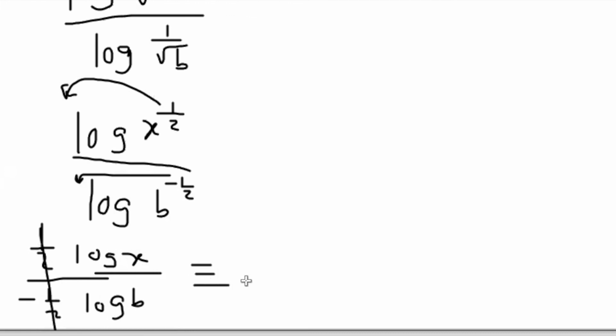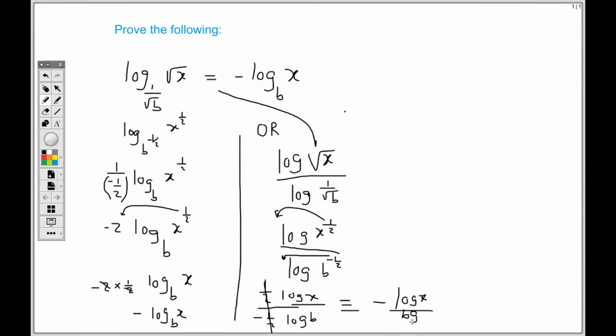So I have minus log x over log b. Now, reapplying the change of base formula, I will just have minus log, x is the argument, so it goes beside the log, and the b in the denominator will be the base, and therefore proven.